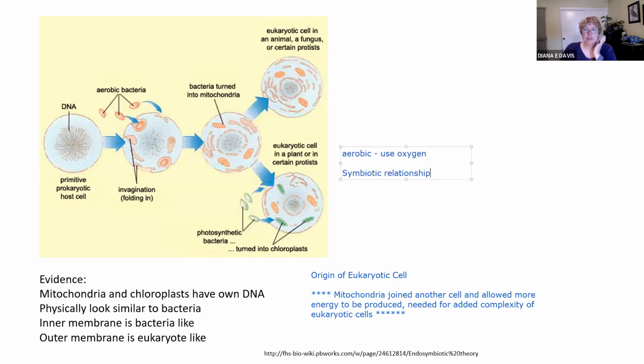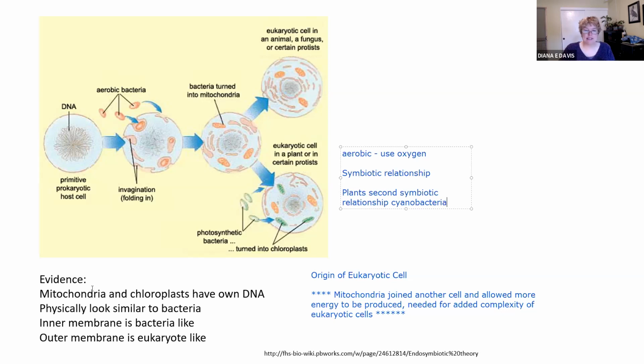Mitochondria came first. Plants went the extra step. They got a second symbiotic relationship with a cyanobacteria, one of those bacteria that can do photosynthesis. And those became the chloroplasts.